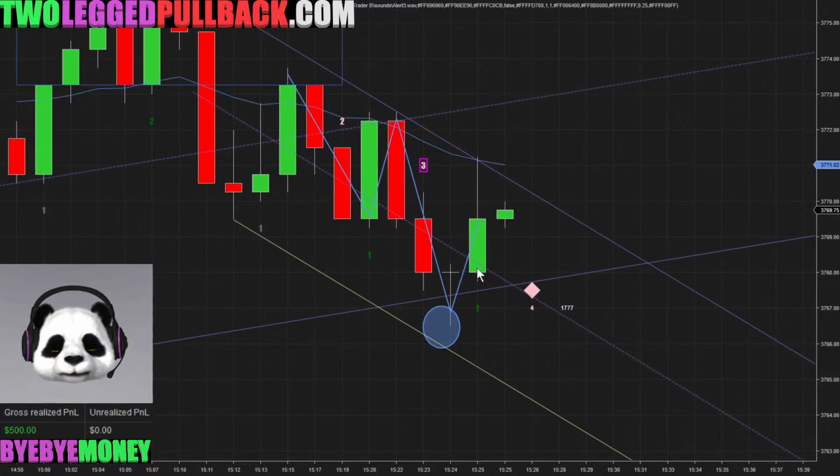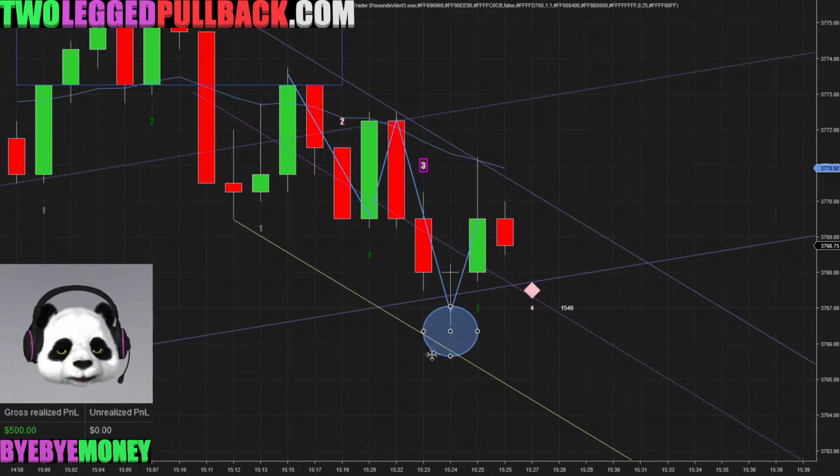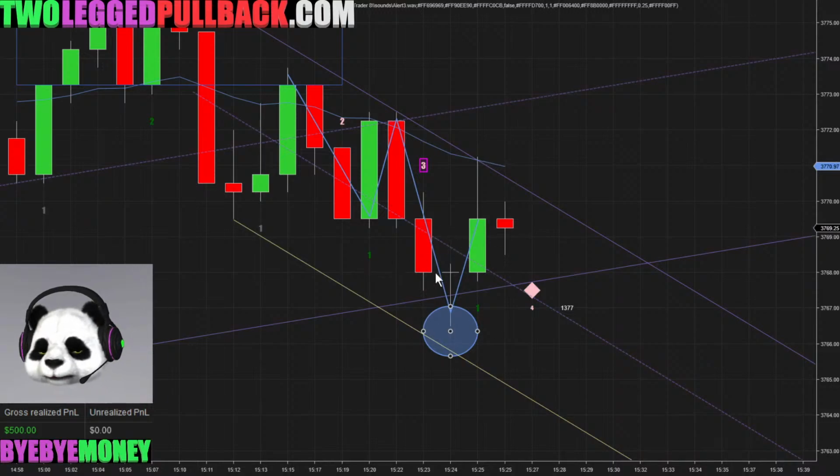But it was definitely enough to scalp out. That's really unfortunate. I'm sorry. Though I really would like to get into a trade and make a nice scalp for you guys. The doji, I can't trade that doji. I'm sorry.